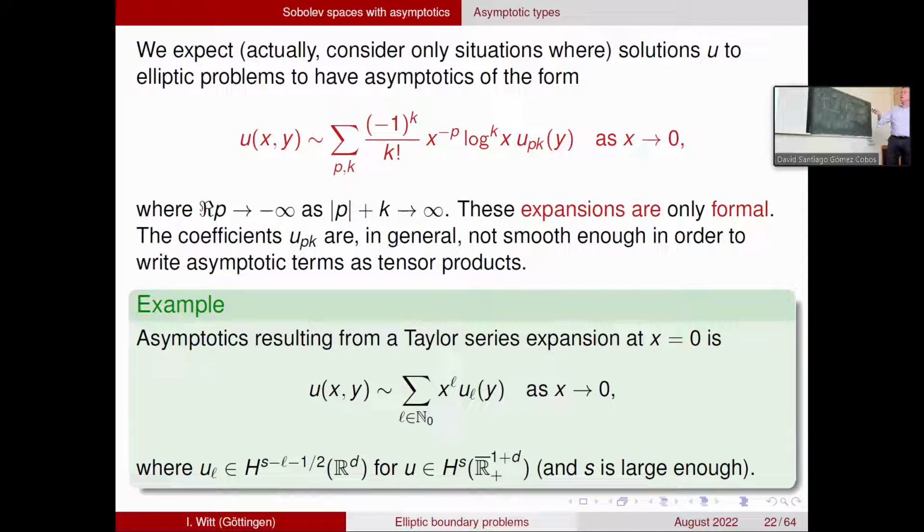So these are sort of formal. We have to do something about that, but that can be handled. So we have here a constant discrete asymptotics, and we have to handle these asymptotic terms.